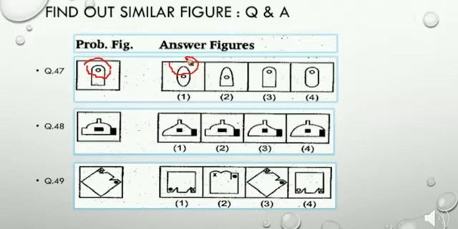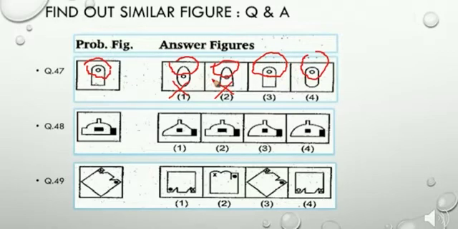We see this area is not available because the circle, this basic shape is also different, can't be the answer. Let's check for the next option. In the next option also the basic shape itself is different and this area doesn't exist. Next option, yes, this is available, and the next option also it is available.